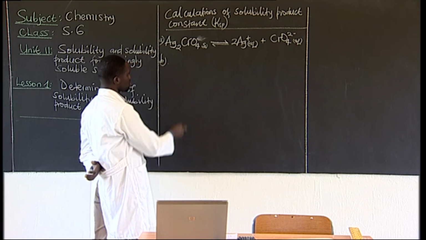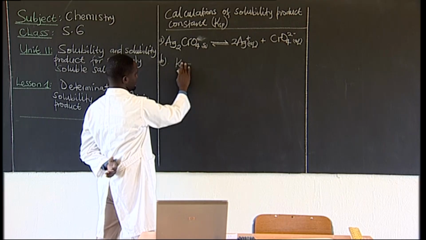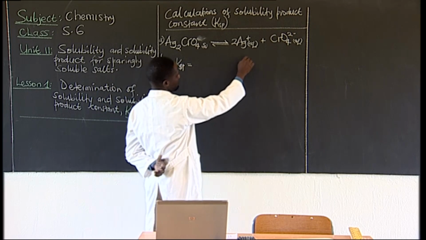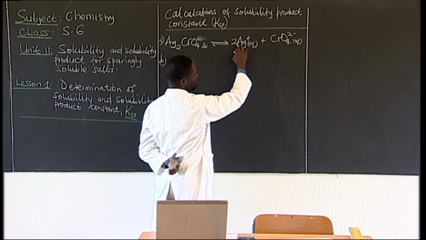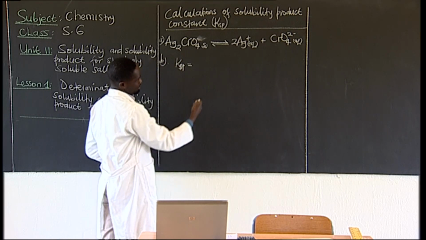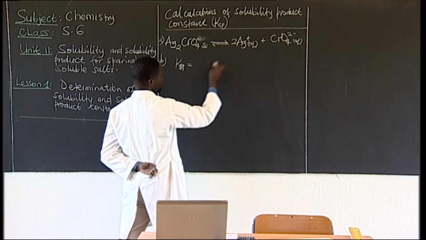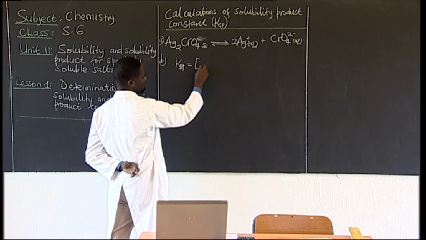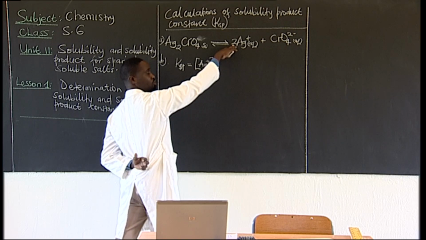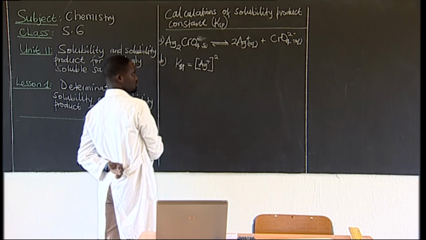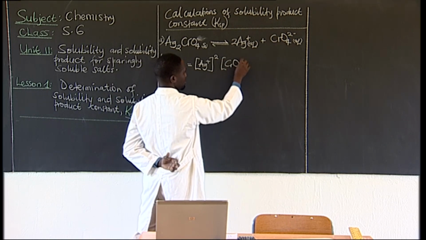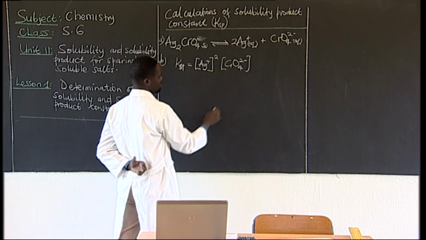Then part B, to formulate the expression. Remember how to formulate the expression? Simple. It is the product of the mole concentrations. In this case, it will be the concentration of silver ions, raised to its stoichiometric ratio of 2, and the chromate ion, which is 1.